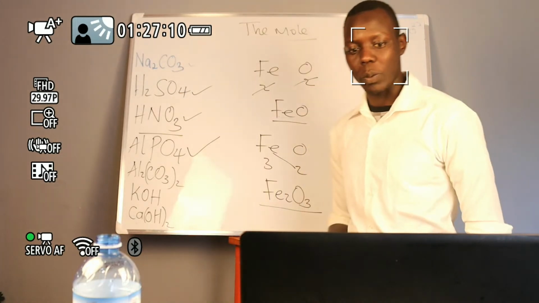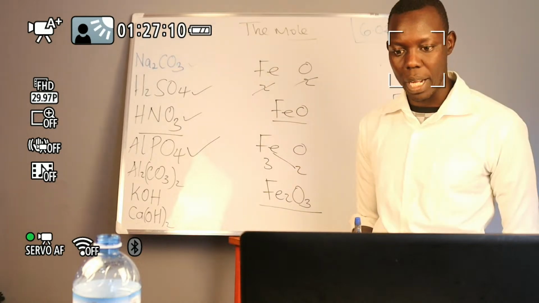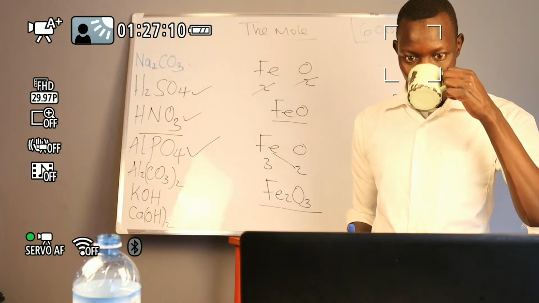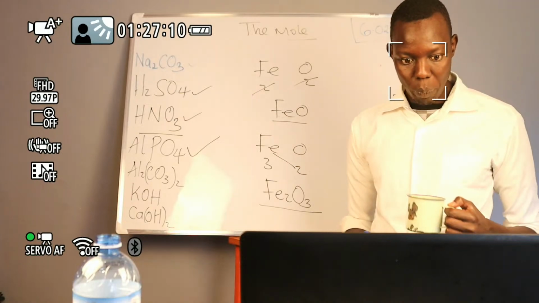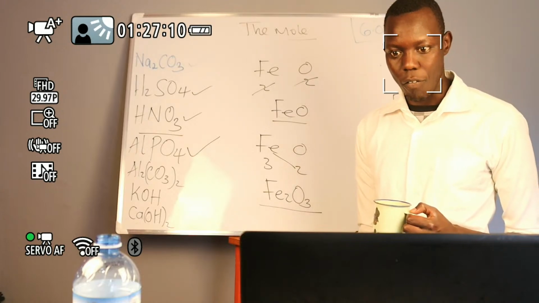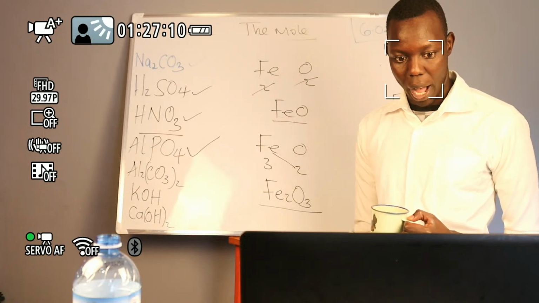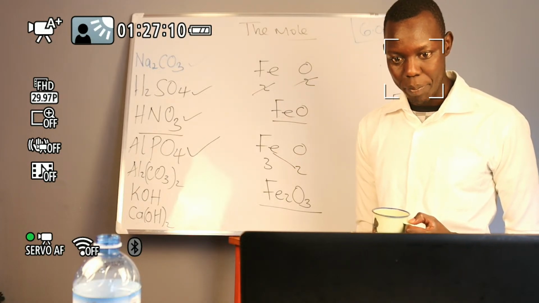So now we need to start what we call the molecular formula. Network is disturbing. I don't know how it is in your place.